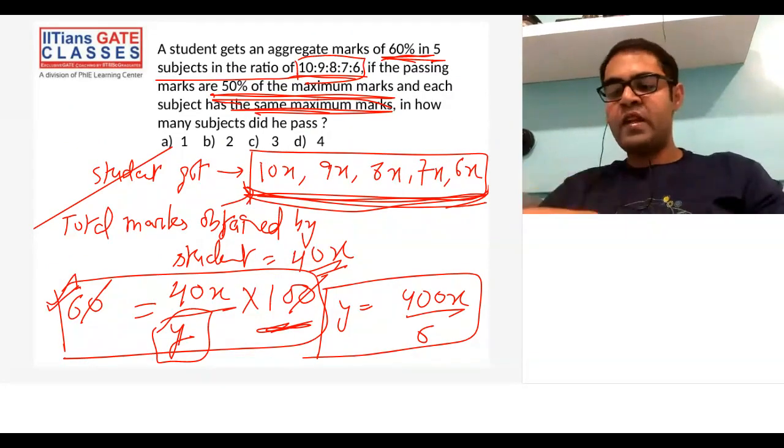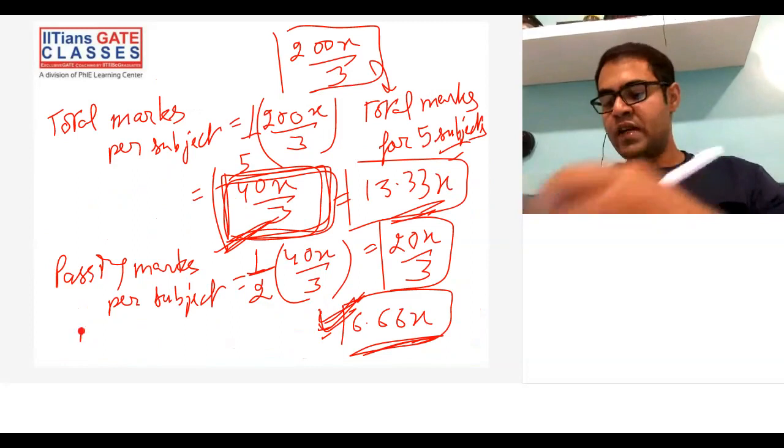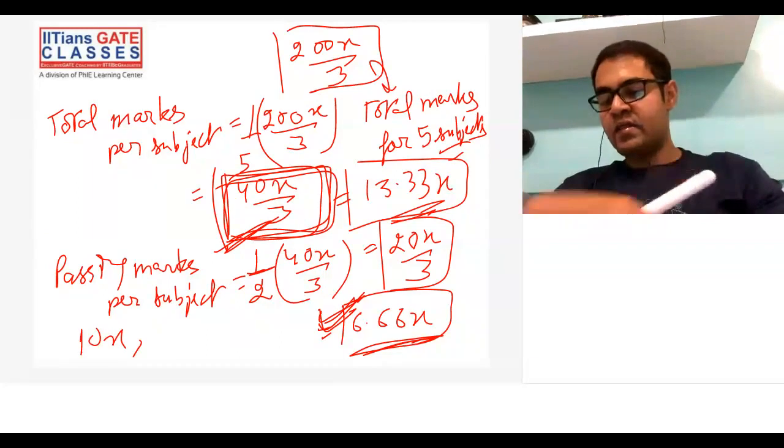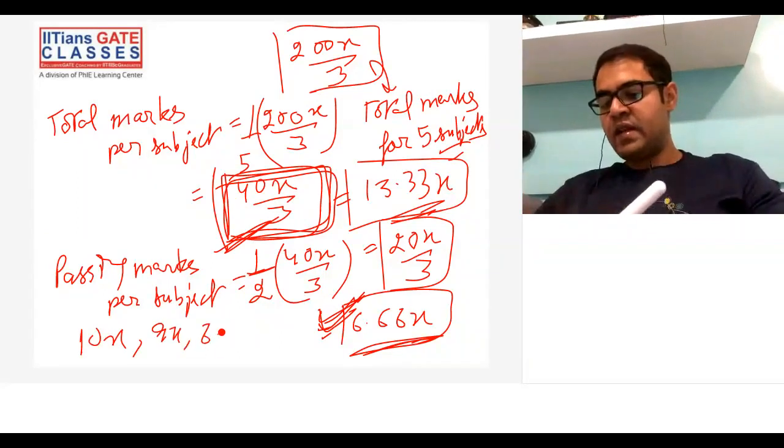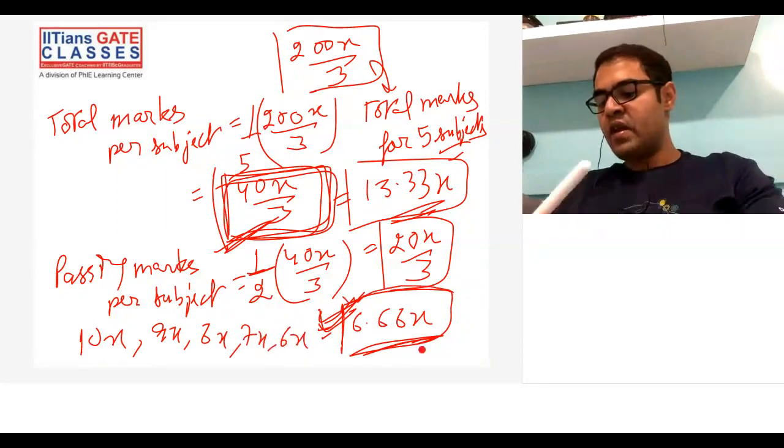Now you compare the passing marks with the marks obtained in every subject. The marks obtained in every subject are 10x, 9x, 8x, 7x, and 6x, and these are the passing marks.